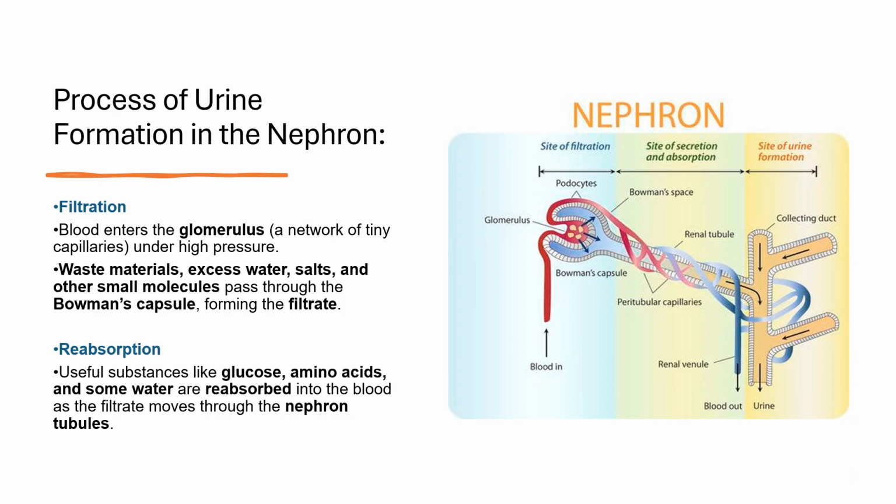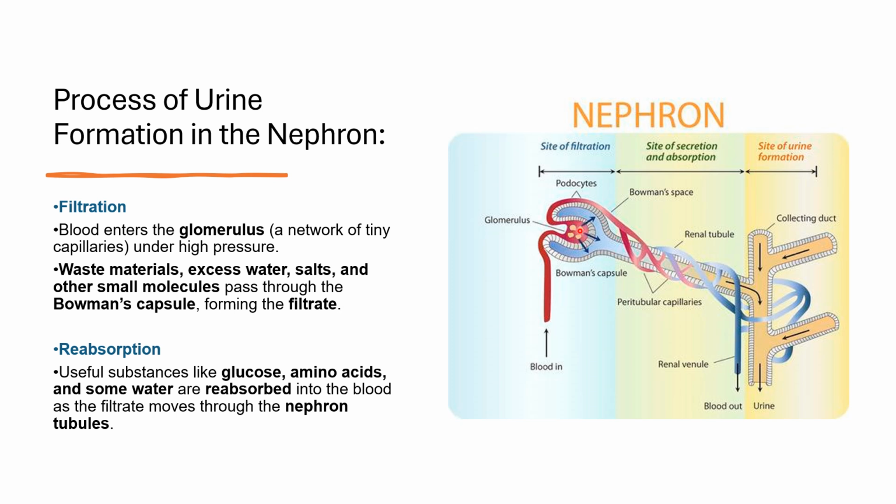Then we are going to learn about the process of urine formation in the nephron. The first step in urine formation is filtration. In filtration, the blood enters the glomerulus under high pressure.